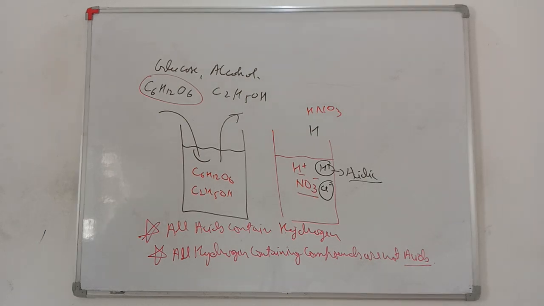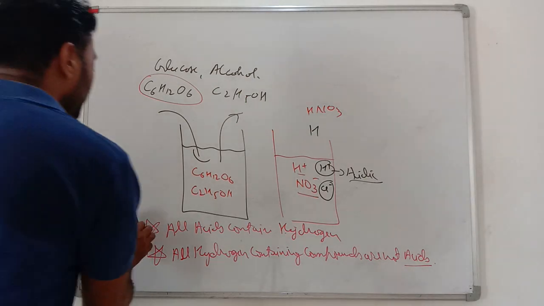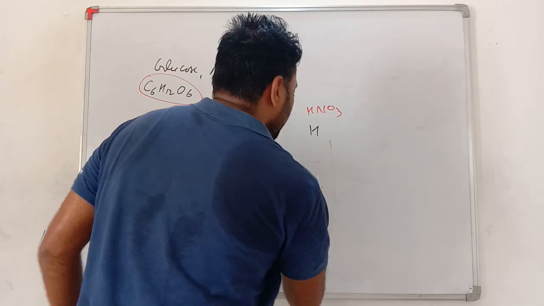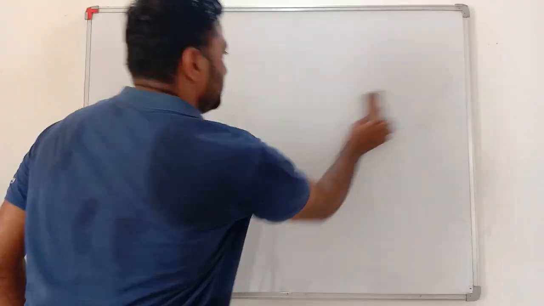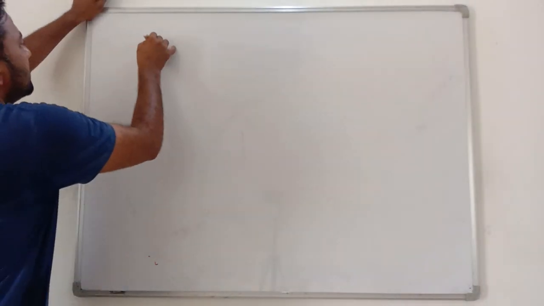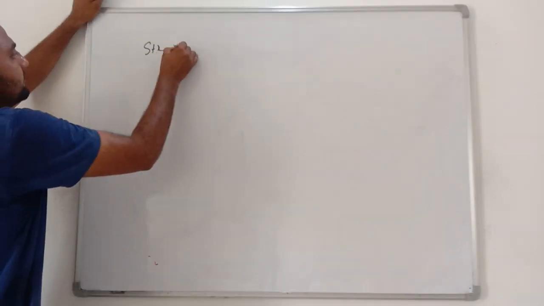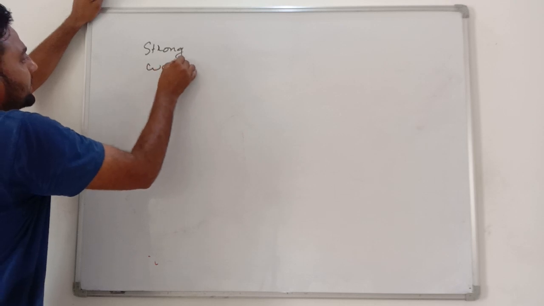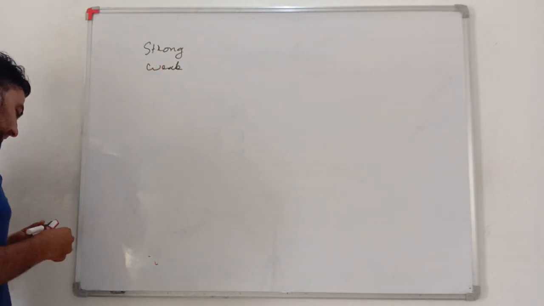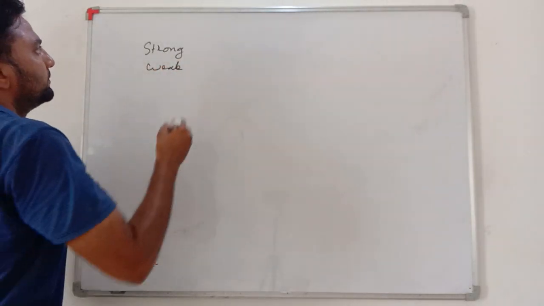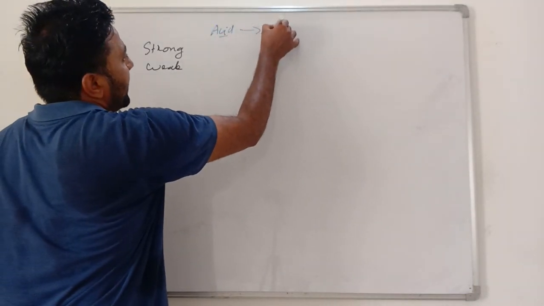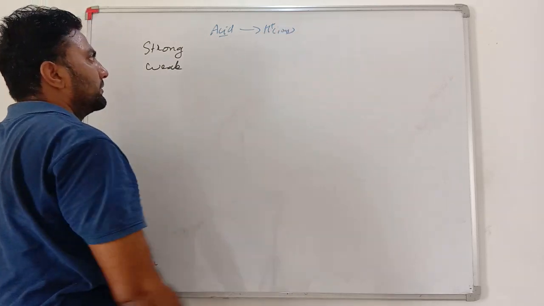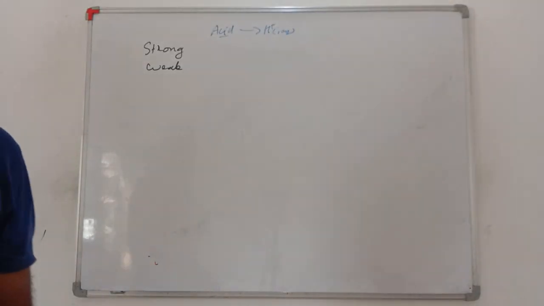Now we will see what are strong acids and what are weak acids. See, my dear student, strong acid and weak acid. In simple language, as we know, acid means H plus ions. Very simple. Acid means H plus ions.